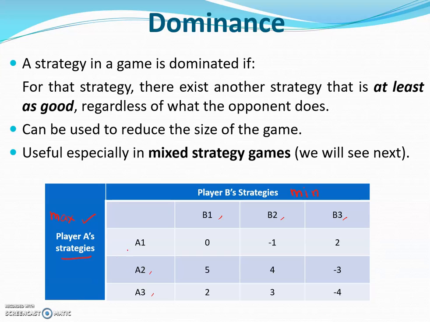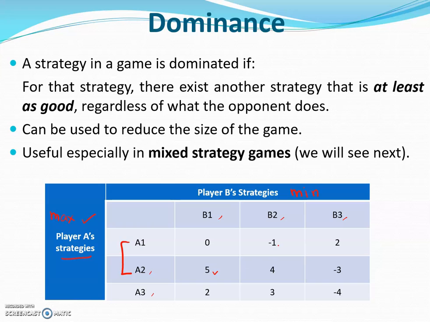Okay, let's compare strategy 1 and 2 for player A. If we compare 0 and 5, 5 is greater. Remember, we have to look at the higher value because player A is trying to maximize the outcome.